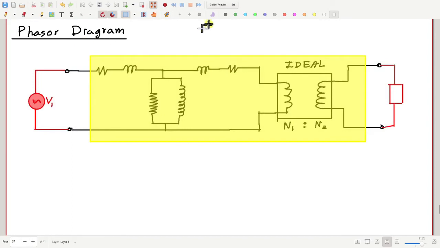And all other parameters like this resistance, call it R1, X1, R2, let me call it R2 prime, X2 prime, this is R0, Xm. These values are also known. So everything is known. Voltage V1 given, this impedance or load Z given.